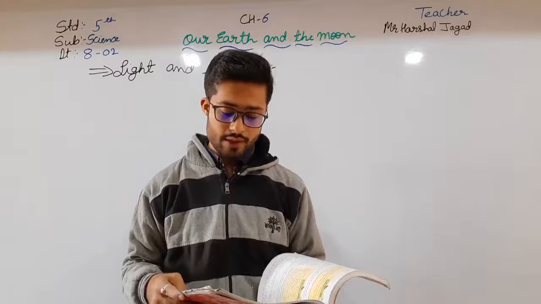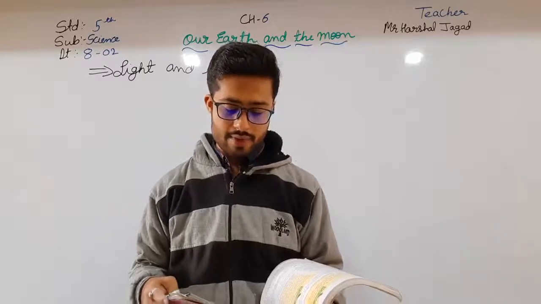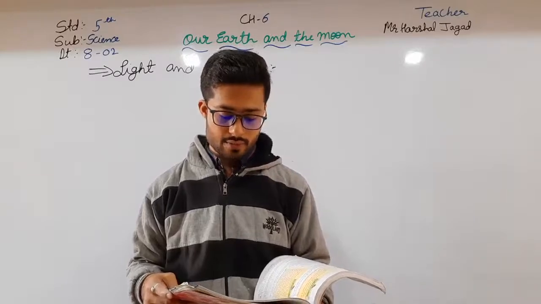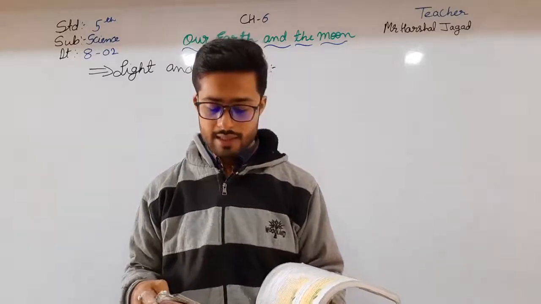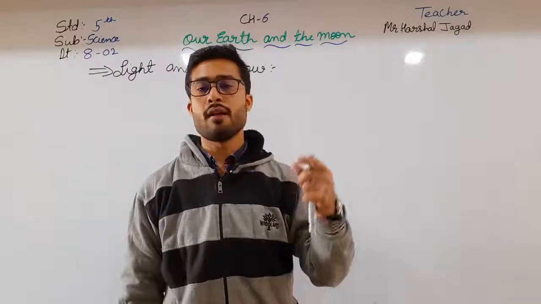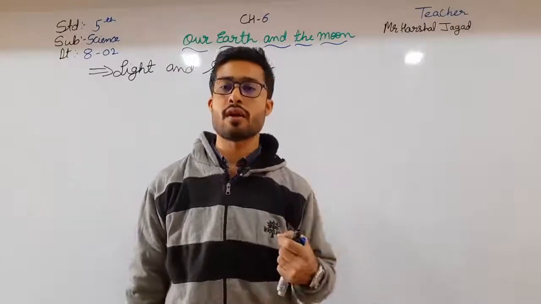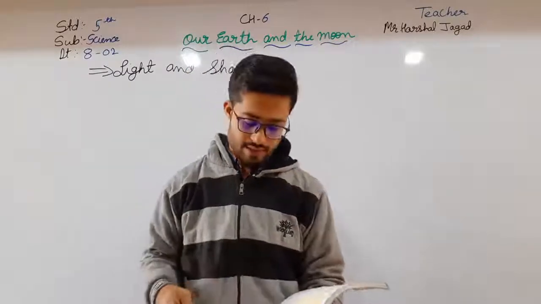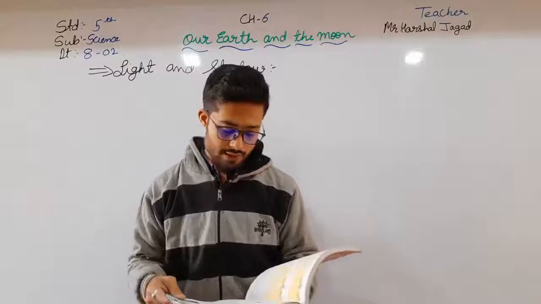Sometimes early in the morning or in the evening it is long, and at midday your shadow is so small that you cannot believe you are that short. Then after, what is shadow?